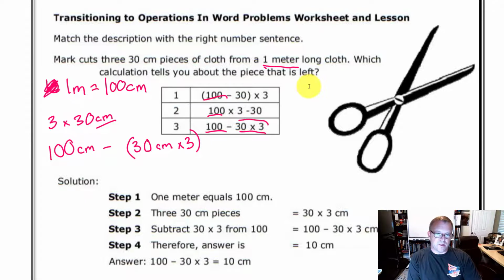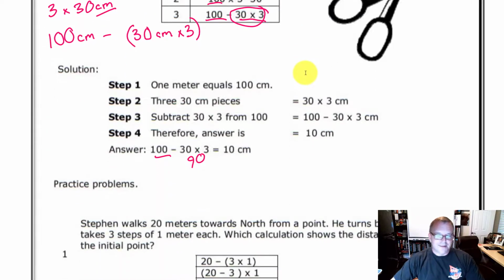So you would have to do this piece first. So number 3 is the only one that shows that. 100 minus 30 times 3. Well, what's 30 times 3? That's 90. Oops, am I going off screen? Probably. Okay, and 100 minus 90 equals, and finally they put the centimeters there, 10 centimeters.